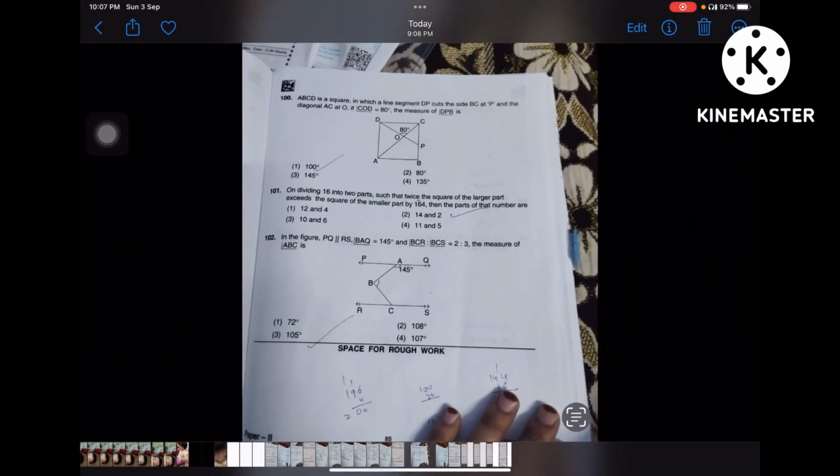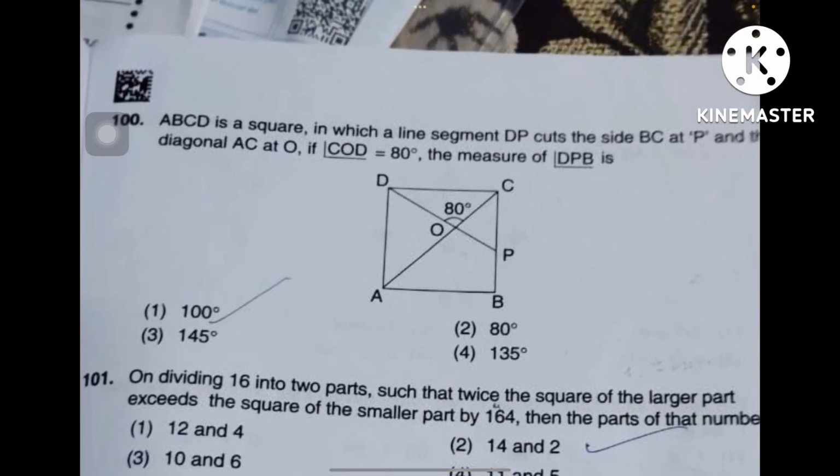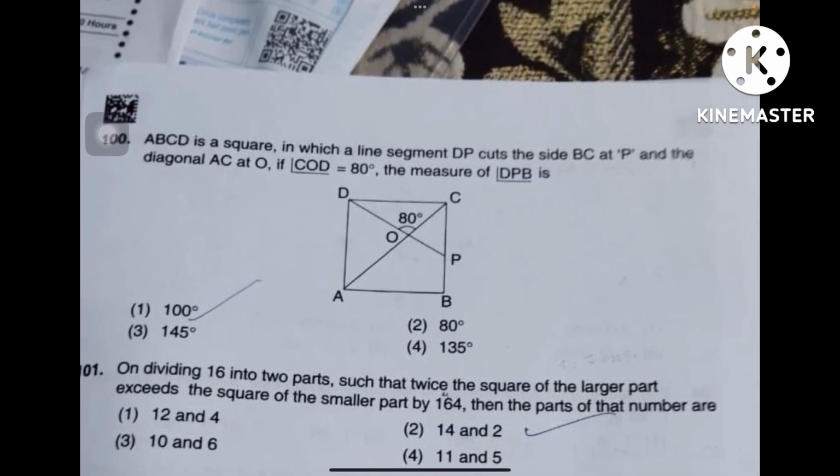Question number 100. Let us see what it is. ABCD is a square in which a line segment DP cuts the side BC at P and the diagonal AC at O. If angle COD is equal to 80, he is asking the measure of angle DPB.